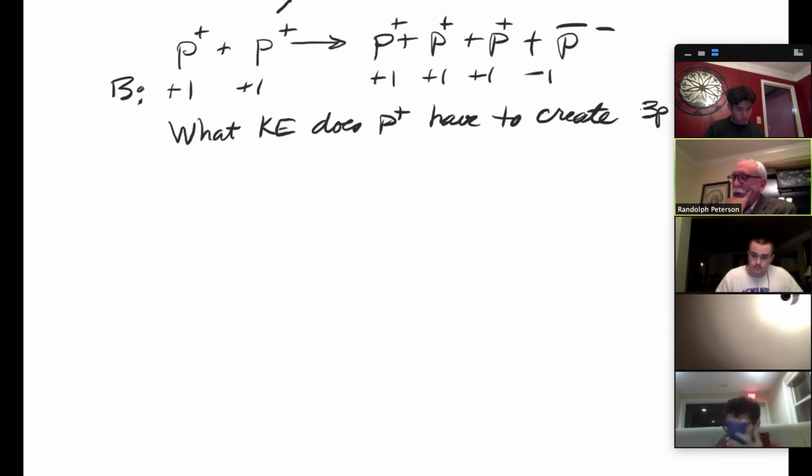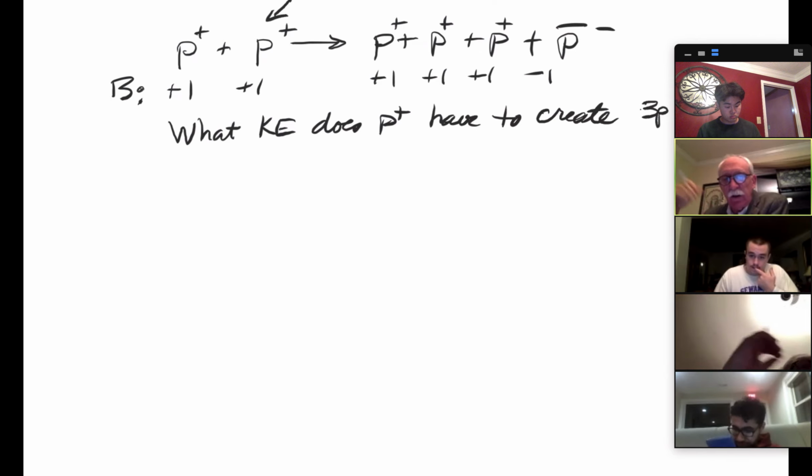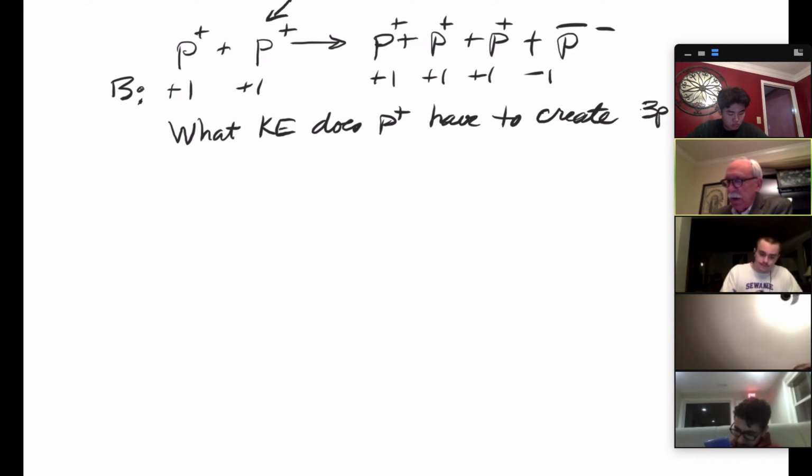We're going to assume this thing sits still. It's the target in the bubble chamber. Proton comes in and hits it, and it turns itself into four particles. But they all just sit there. So what you see is a proton coming in and disappearing. Energy has to be conserved.